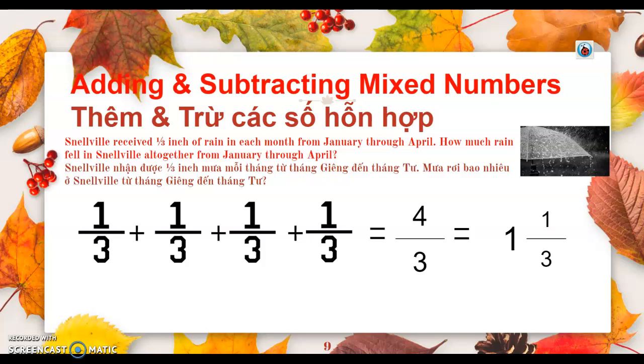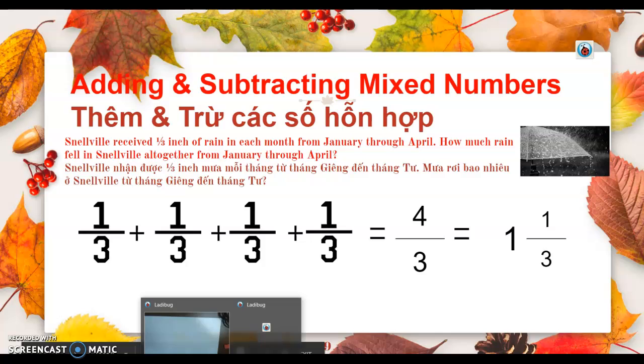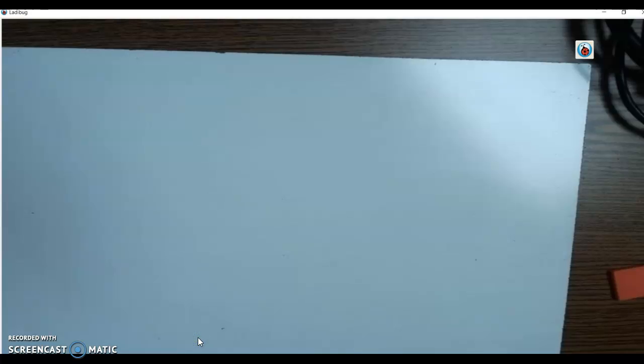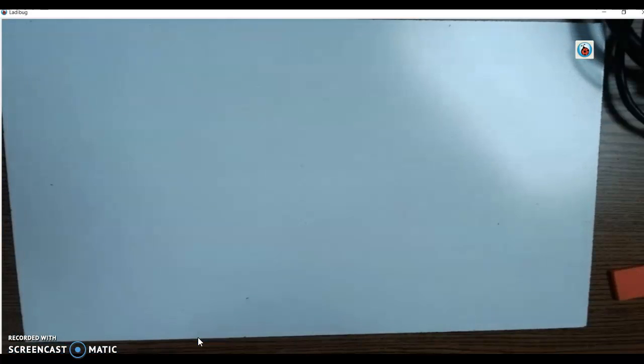You should have created your models. If you had created your models, this is what you should have done.